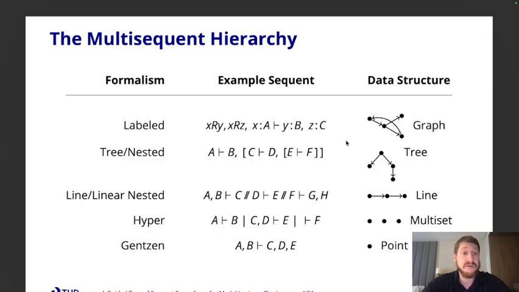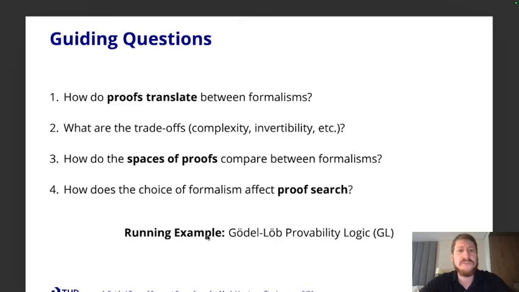Now today I'm going to focus on the labeled, nested or tree, linear nested or line, and Gentzen formalisms for the modal logic GL. And what I'm going to do is try to answer the following questions. The first one being, how do we translate proofs between these formalisms? I'm going to show how to do that. I'm going to talk about what the trade-offs are as you transition between formalisms in terms of proof complexity and computational complexity relative to proof search.